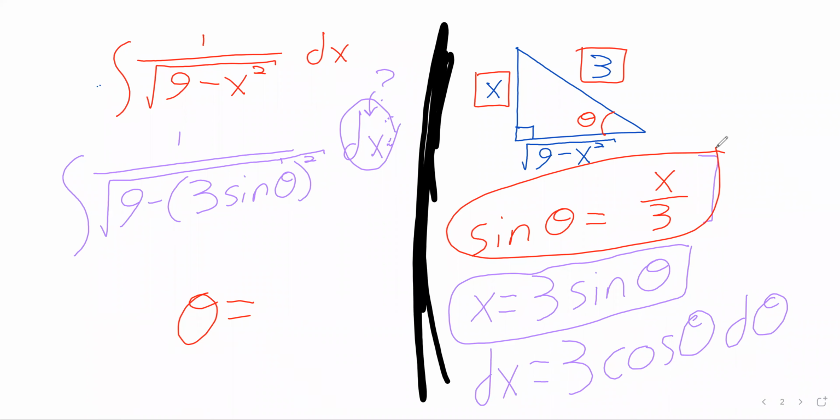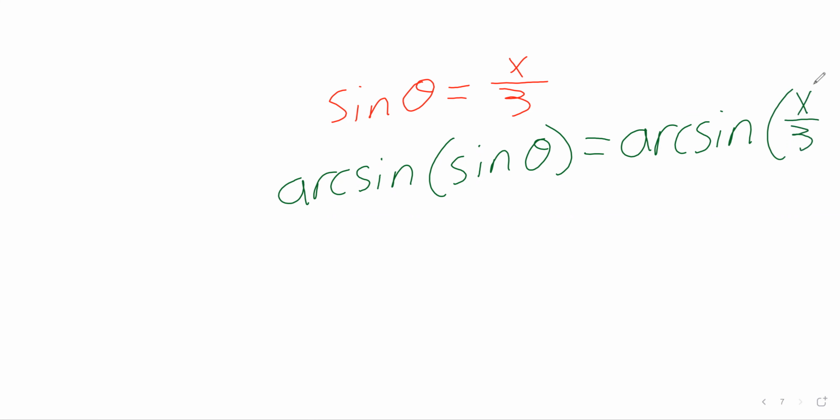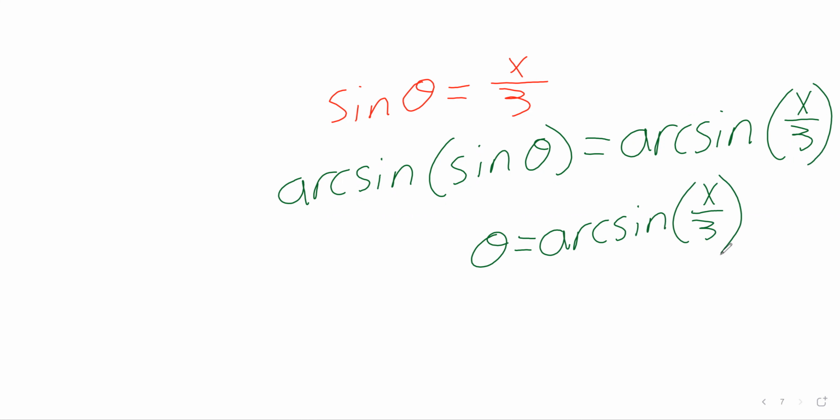But if the sine of theta is x divided by 3, then if we take the arc sine of both sides of this equality, the arc sine and the sine cancel, and we have that theta is the arc sine of x divided by 3.